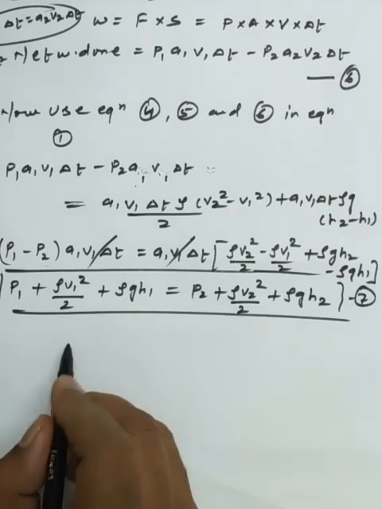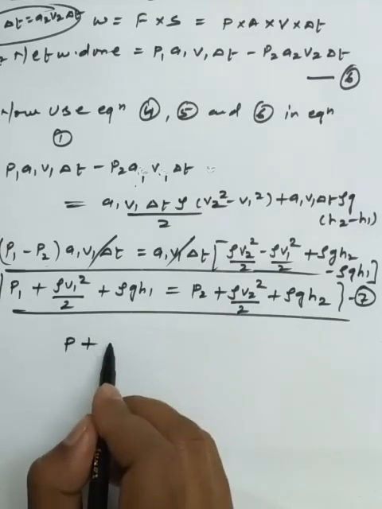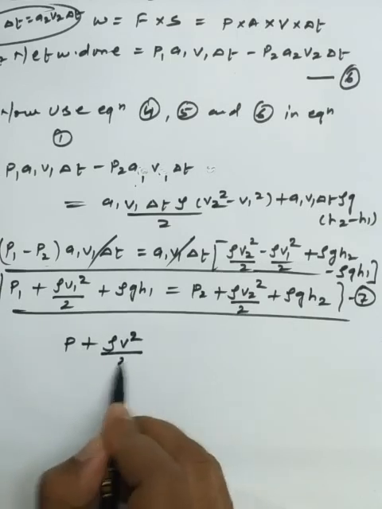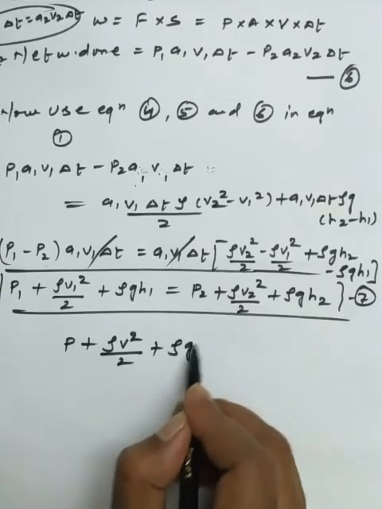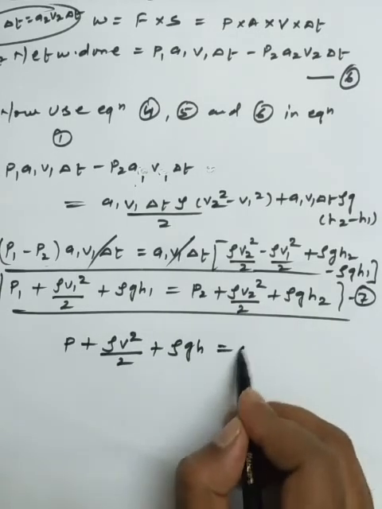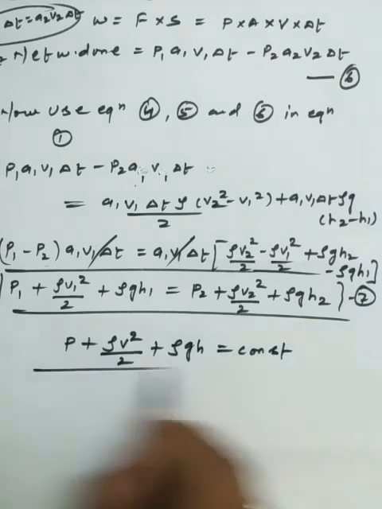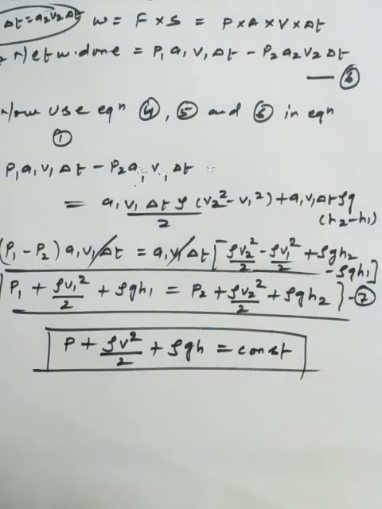So we can say P plus rho V square by 2 plus rho G H per unit volume is constant. This is the proof of this statement.